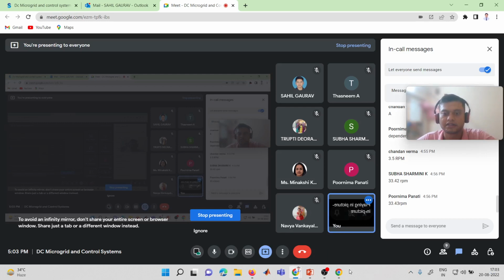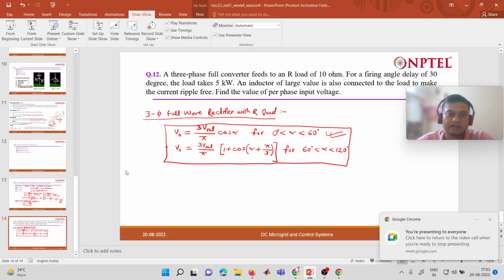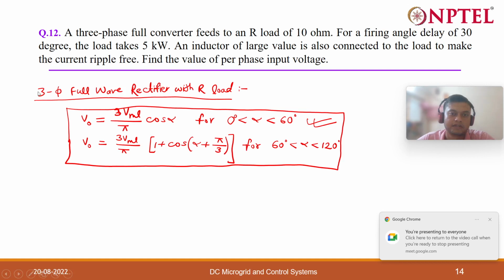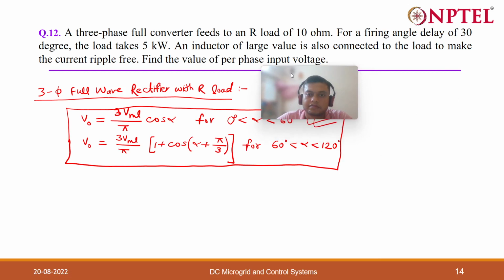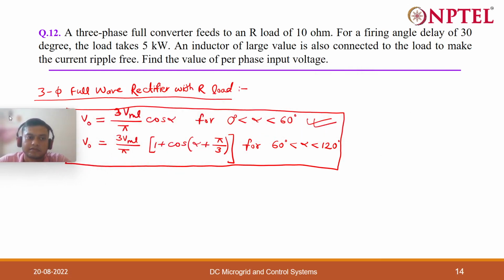No one got the answer. So we have alpha as 30 degree and we have P naught given as 5 kilowatt. And we have given R, that is 10 ohm.